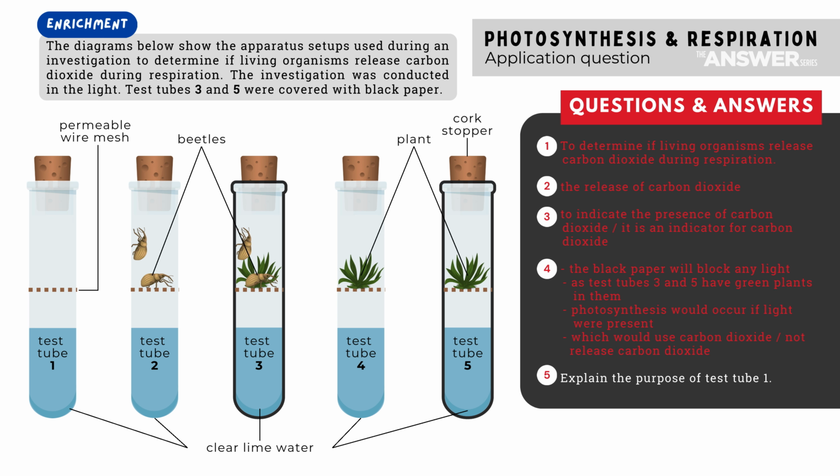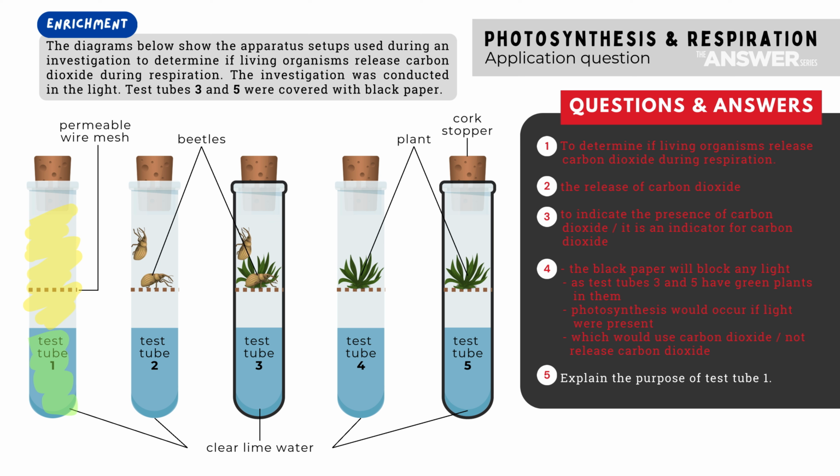Question 5. Explain the purpose of test tube 1. So this relates back to your understanding of scientific investigations in general. Test tube 1 has no animals or plants in it, but it does contain clear lime water. Because who's to say that lime water would not change into a milky white color regardless of whether there were organisms present? We need to know whether only living organisms are responsible for releasing carbon dioxide.